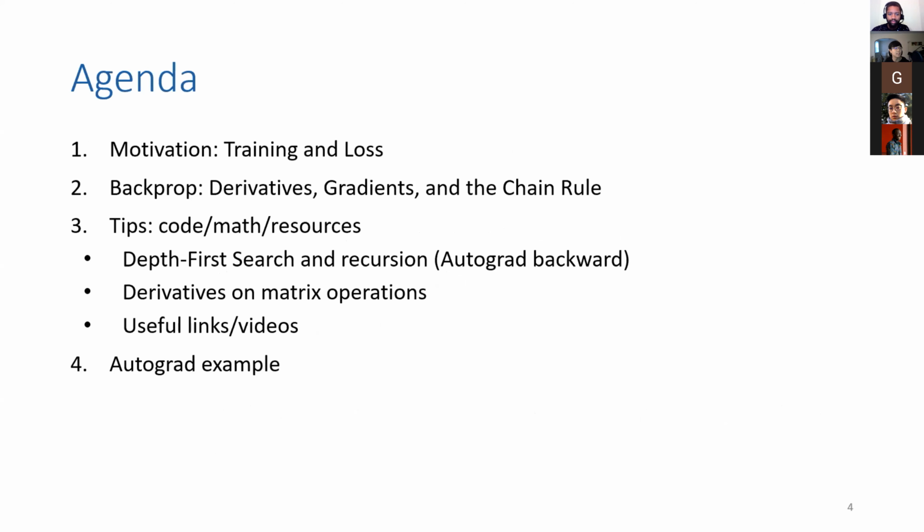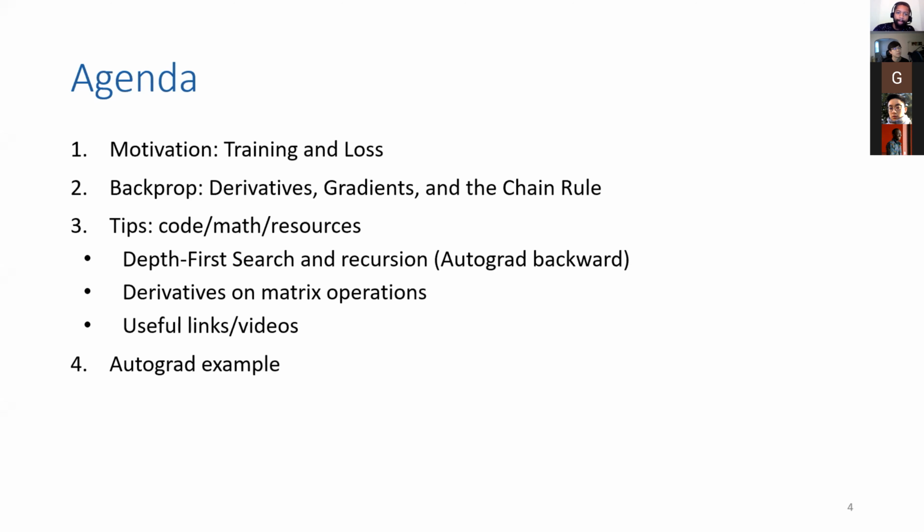The agenda for today: we're going to start by talking about the motivation for backpropagation. We'll look at the training routine and how it motivates backprop and autograd, and specifically talk about loss and loss functions, which are very important. We'll then move on to backprop, talking about derivatives, gradients, and the chain rule and its derivation.